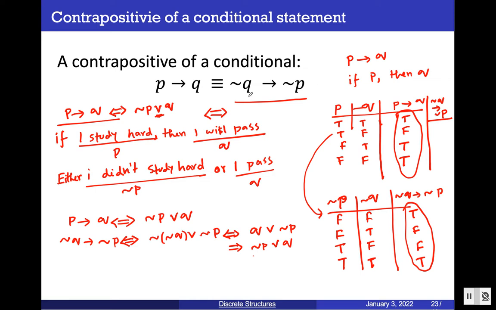So let's see another English example using the same example, and you will find that they mean actually the same. P means I study hard, and Q means I will pass. So not Q implies not P. If we translate it, not Q means I don't pass, and not P means I didn't study hard.